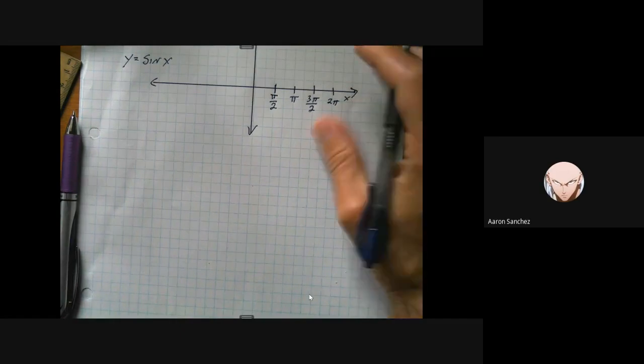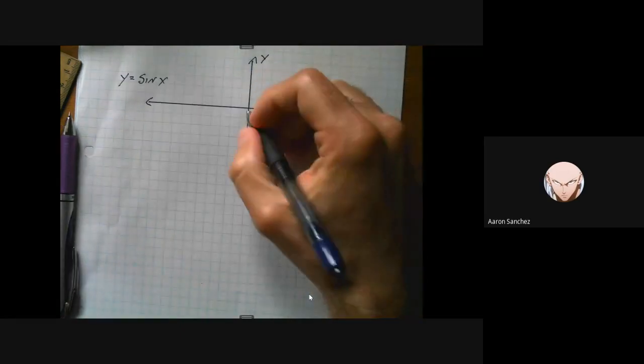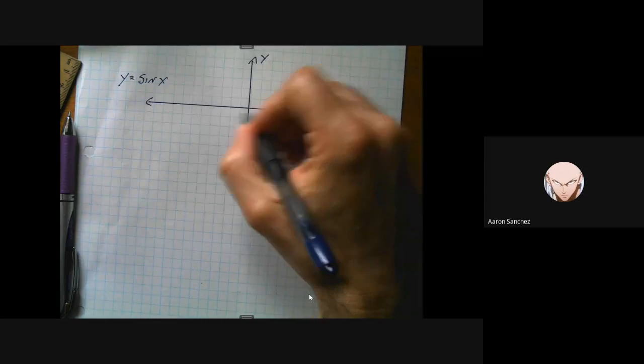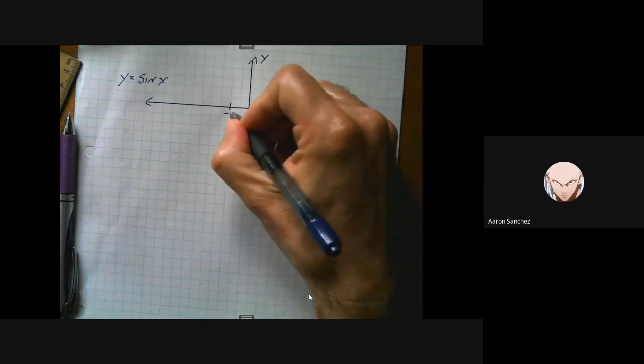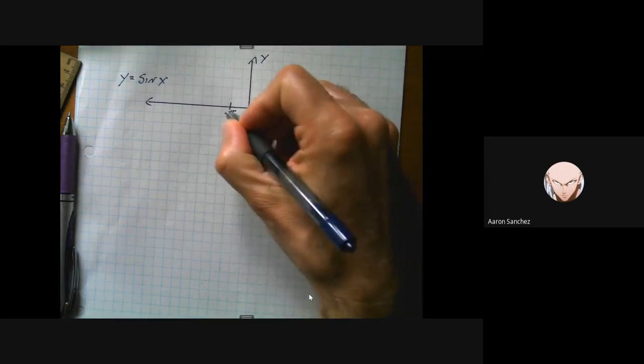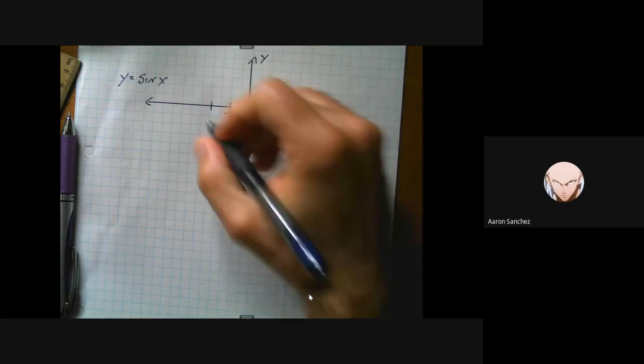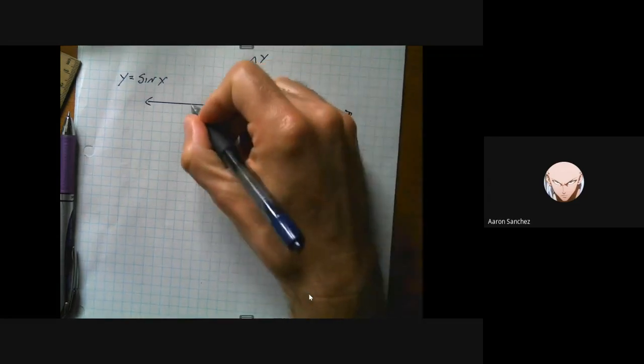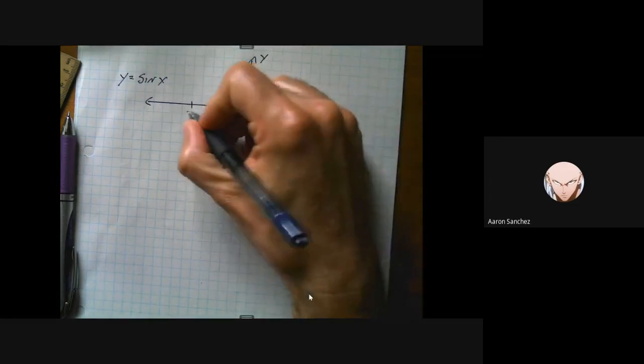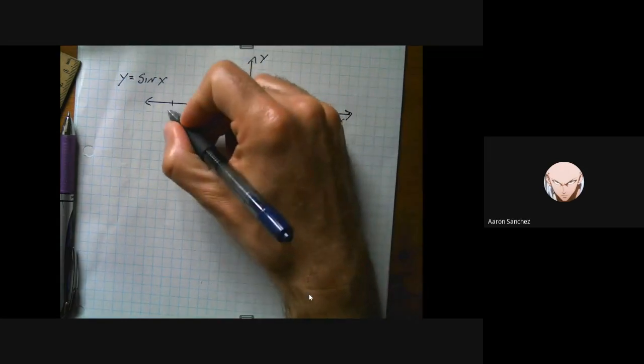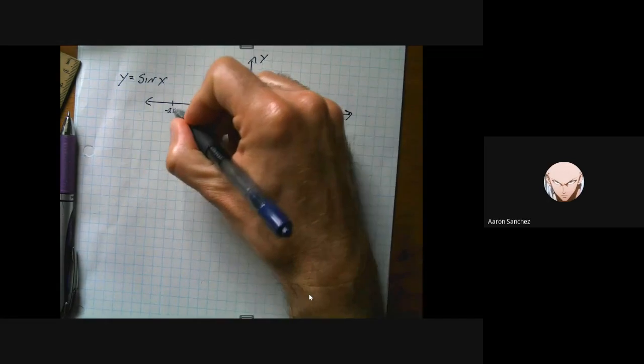Let's go in the negative direction. If this is pi over 2, then this is negative pi over 2. Skip 2, I got negative pi. Skip 2, I got negative 3 pi over 2. And then I got negative 2 pi.